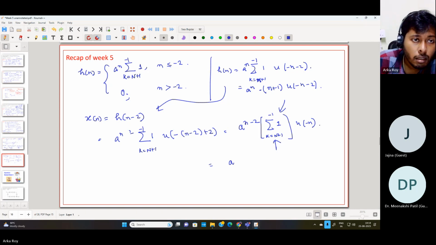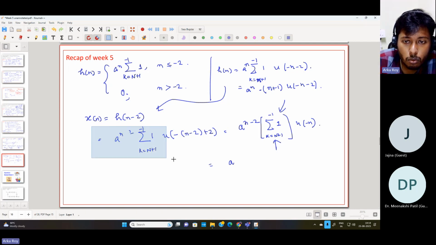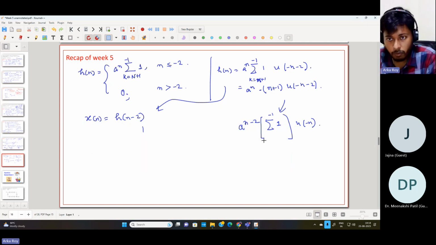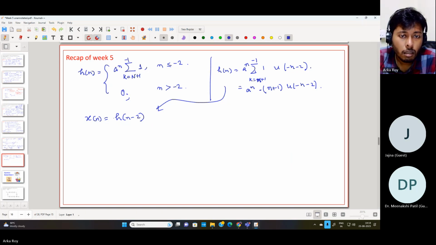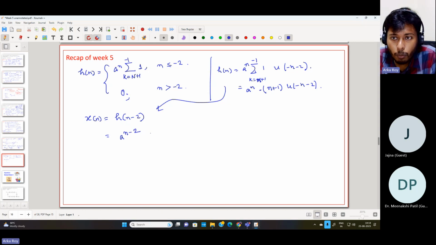Fine. Now we need to find the h of n minus 2. So I will freshly write it as a to the power n minus 2. And then there is a minus sign over here.